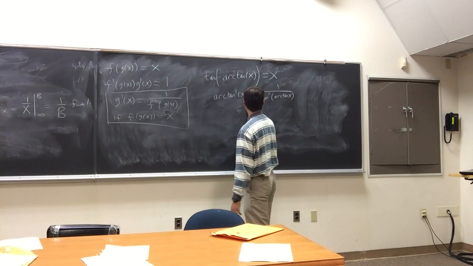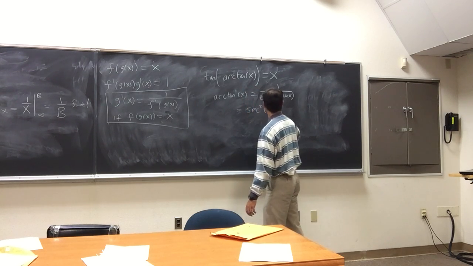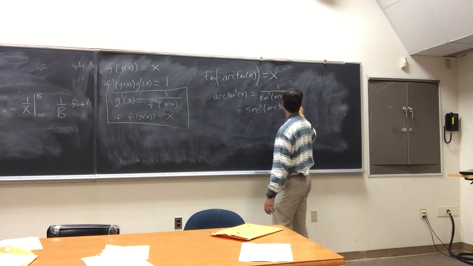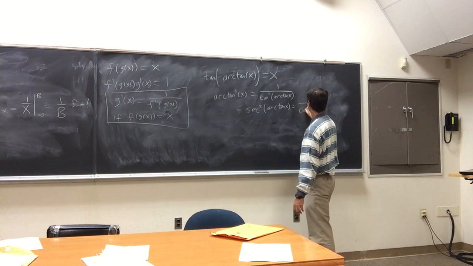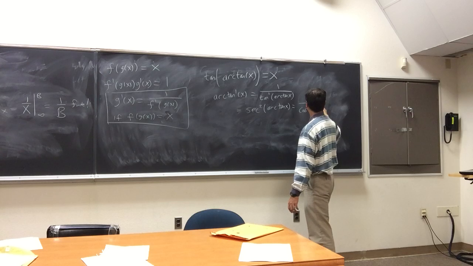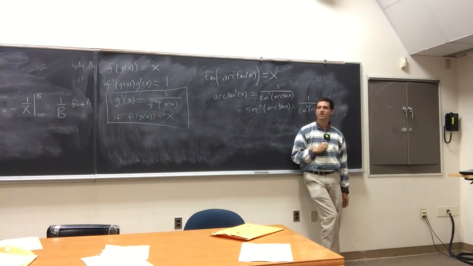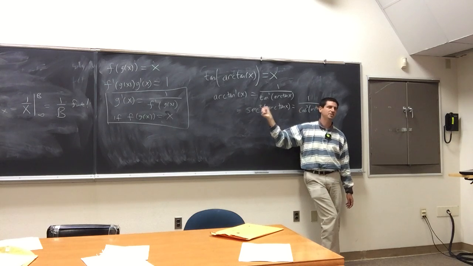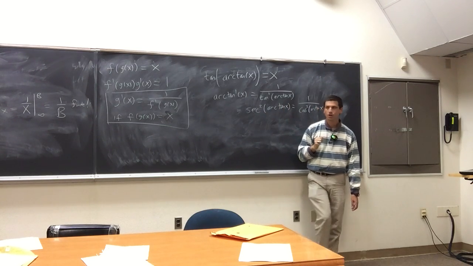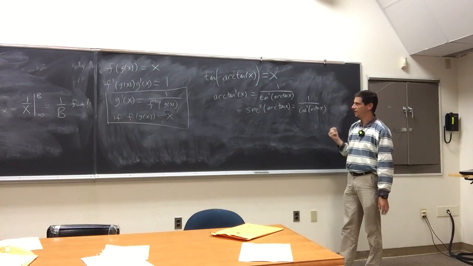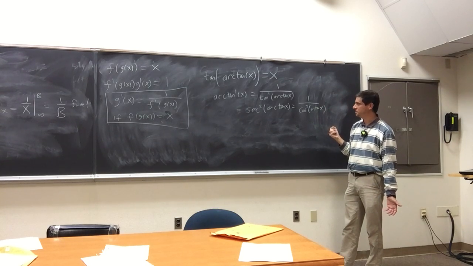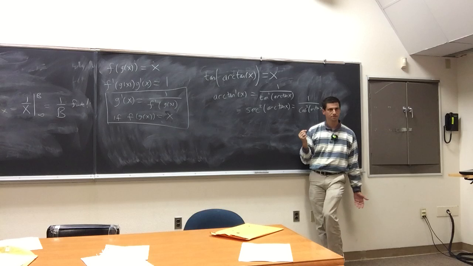So this is secant squared of arctangent of x. And again, I have complained numerous times about how horrible it is that secant and cosecant are not matched up to sine and cosine respectively. Secant goes with cosine. So here's a formula for the derivative of arctangent: secant squared of arctangent of x.